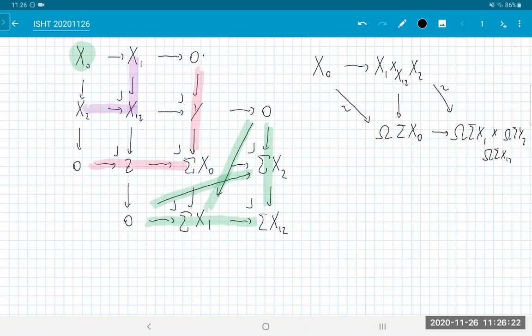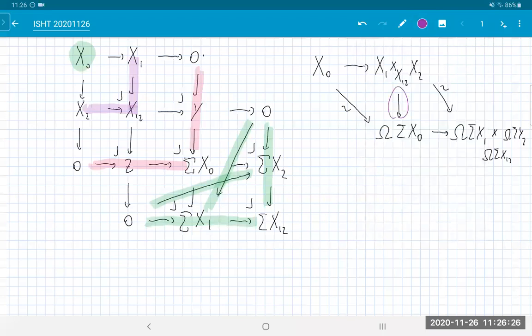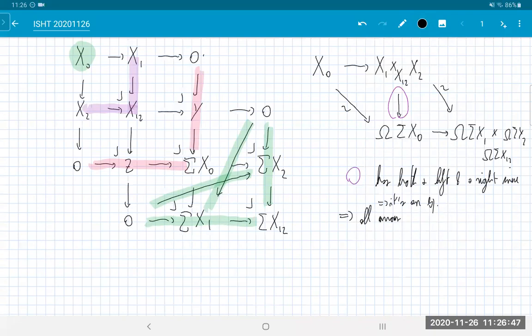Because, for example, this arrow here has both a left and a right inverse. So it's an equivalence. But then all the arrows in the diagram are equivalences. It's kind of a magic argument.